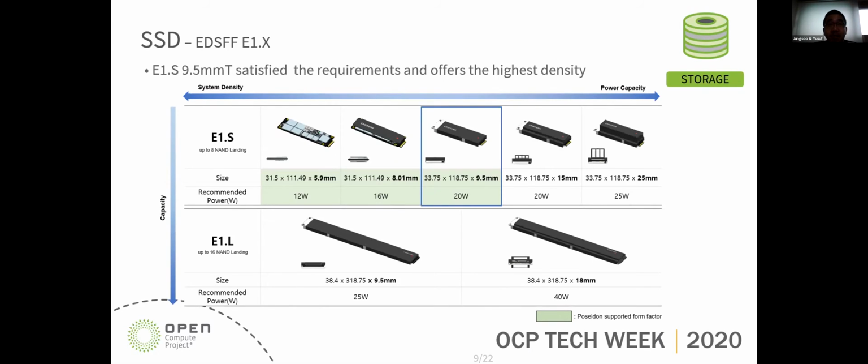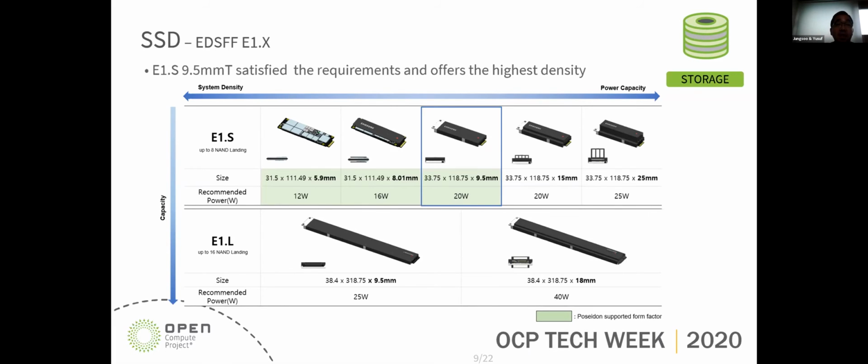We investigated SSD form factors very carefully when we designed the system to find the optimal form factor for an NVMe Fabric target node. Even within the E1.x form factors, there are 7 different kinds, as you can see on the table.